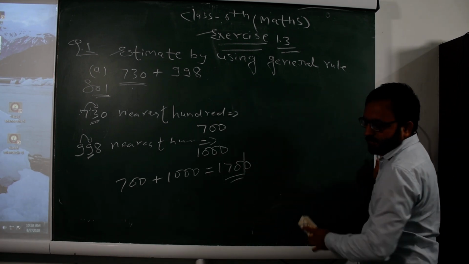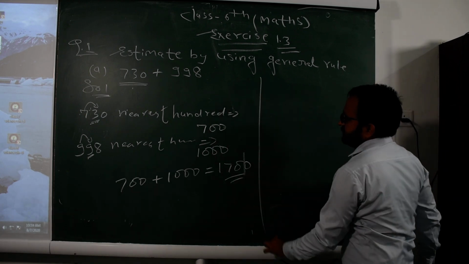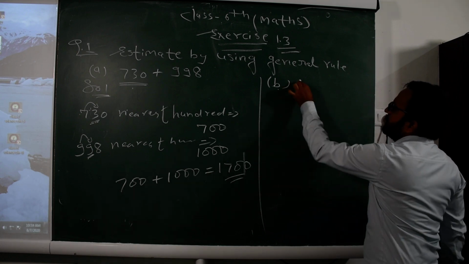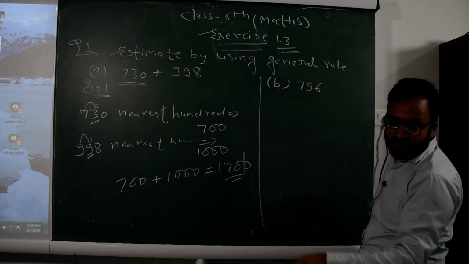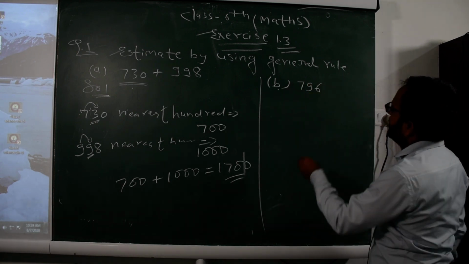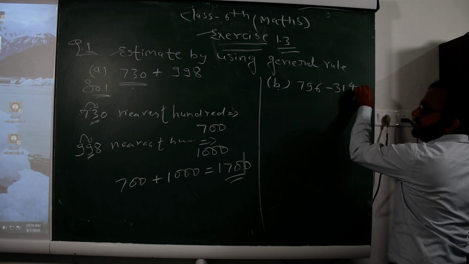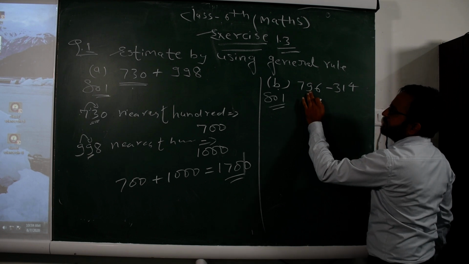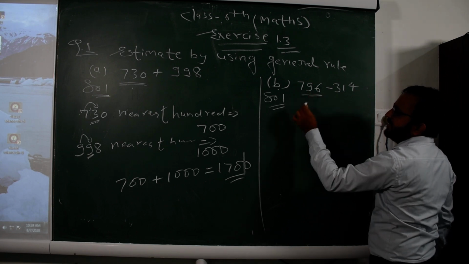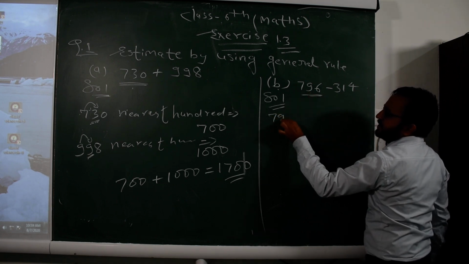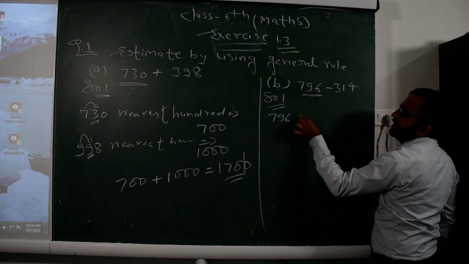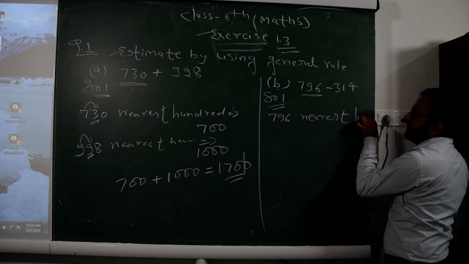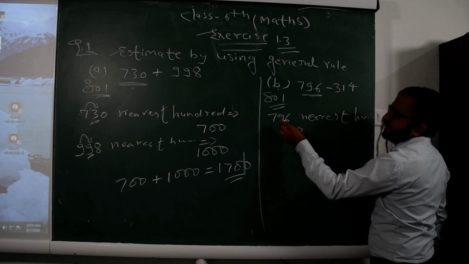Okay, now we solve the B portion. The question is 796 minus 314. In this question, first we round the value of 796 to the nearest 100.